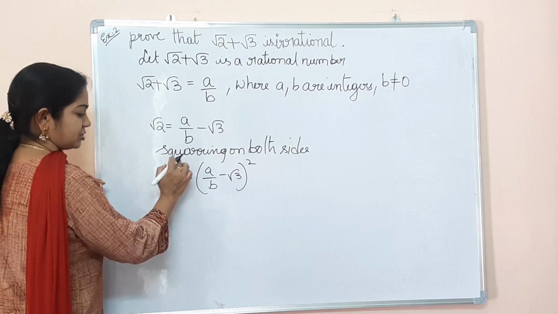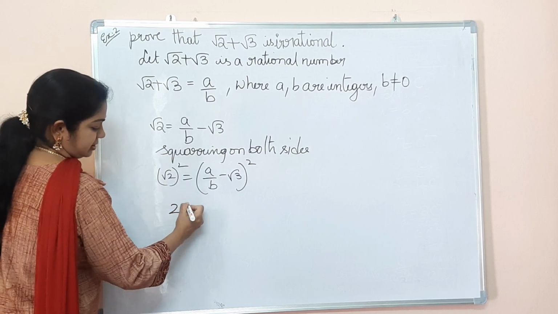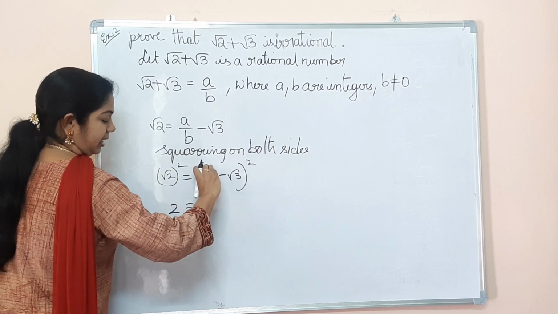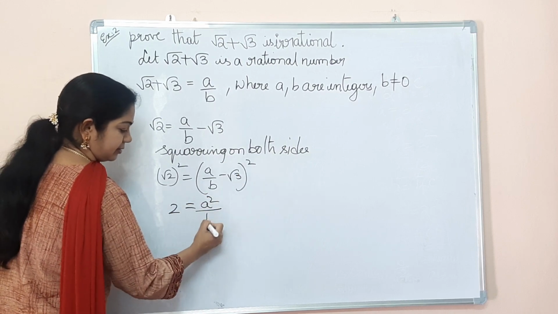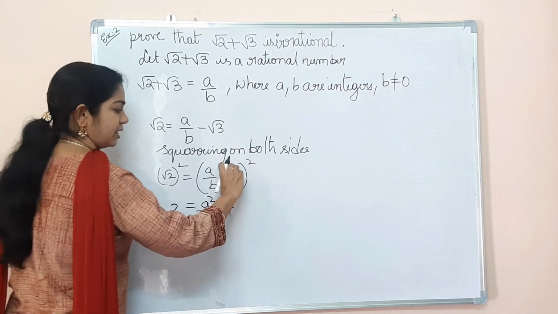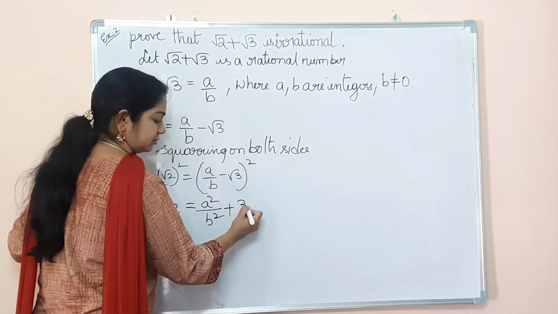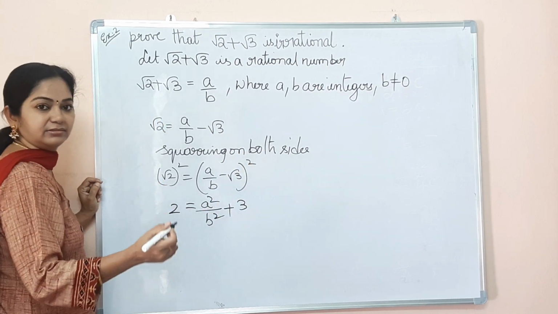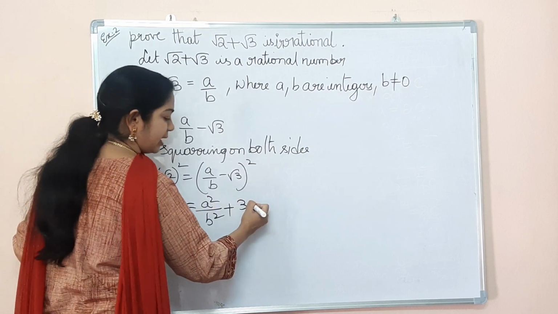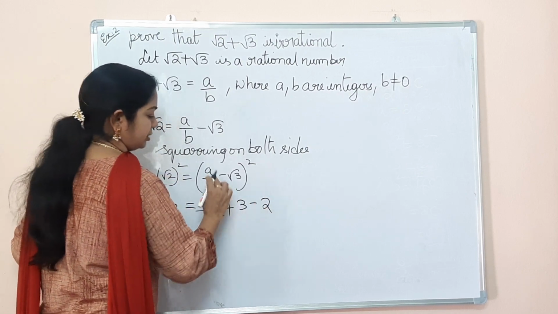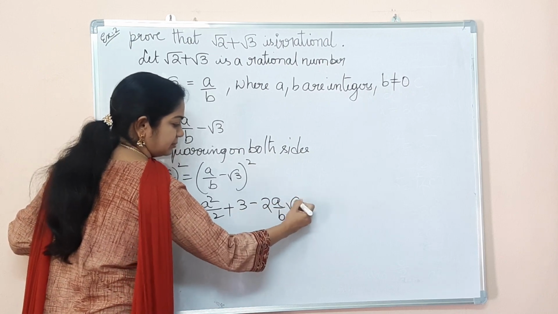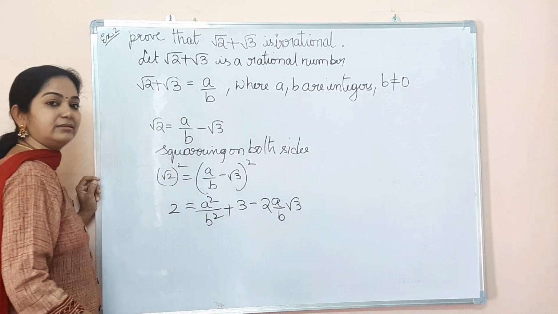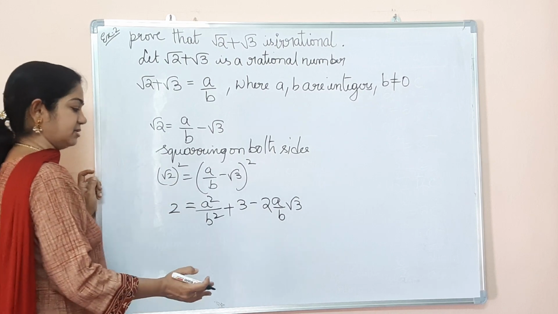Taking the complete thing as A, and root 3 as B: A square plus B square is root 3 whole square. Root 3 whole square is 3, square root and square cancel, minus 2 into A by B into root 3. I have expanded it with the identity (A minus B) whole square.